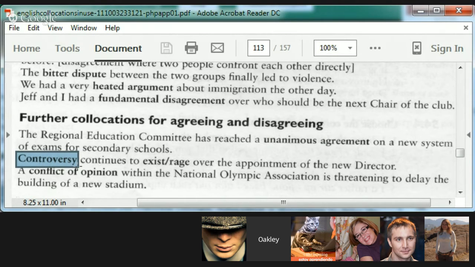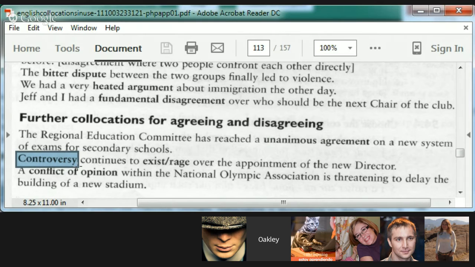Something, okay, going back to a hot topic, something that's controversial is a hot topic. It's easy to have an argument about. Okay, so controversy exists. Yes, there are opposing points of view.